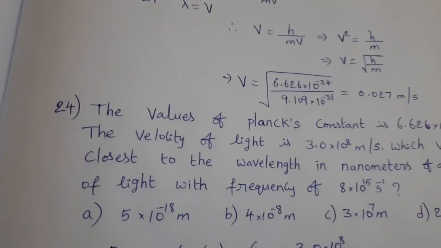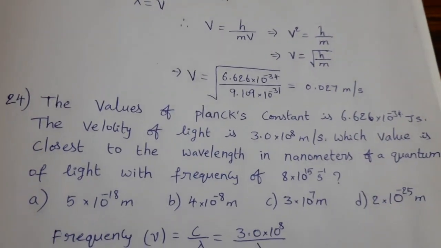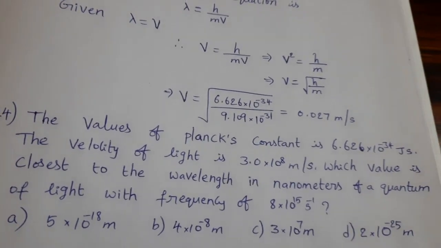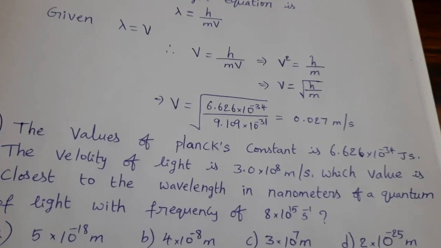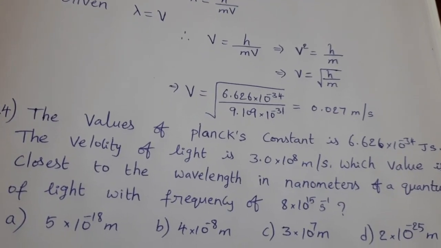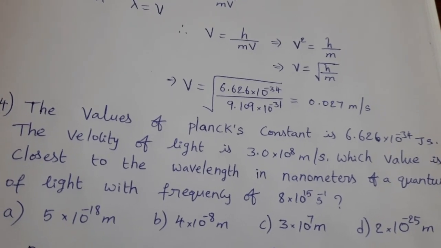See the next one. The value of Planck's constant is 6.626 into 10 power minus 34 joules second. The velocity of light is 3.0 into 10 power 8 meter per second.